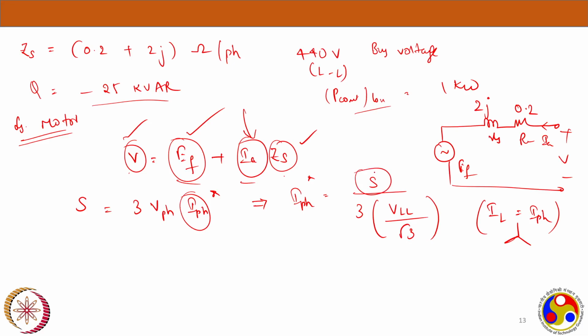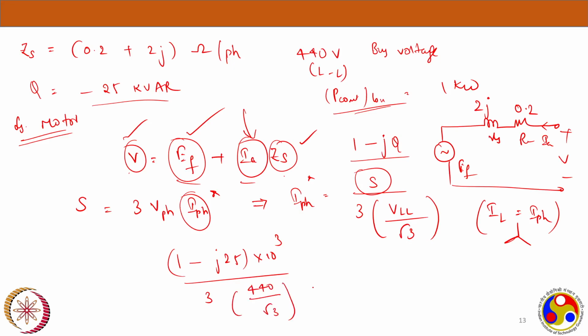P is nothing but the constant power required, and Q has a minus, so I write minus 25. So 1 minus j25, both in kilo, multiplied by 10 cubed, divided by 3 into the line to line voltage, 440 divided by root 3. Can you calculate it for me in polar form and tell me the magnitude and also the angle? This will be the phase current.